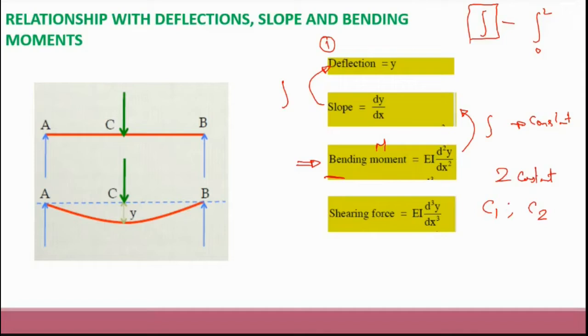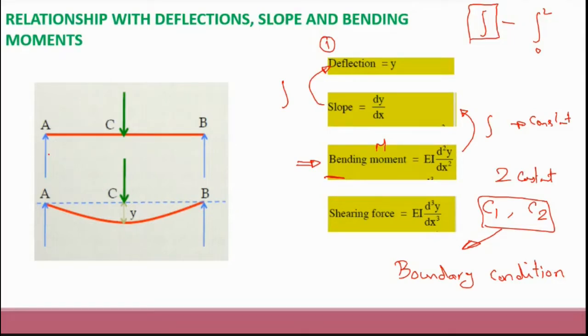To identify these values, I use something called boundary conditions. What is this boundary condition? It says the physical state of a particular problem. Let me consider you have a simply supported beam.